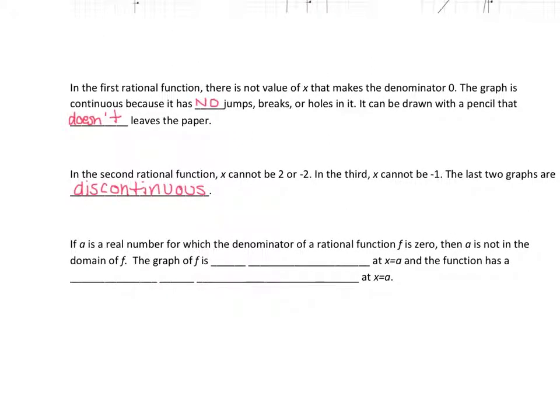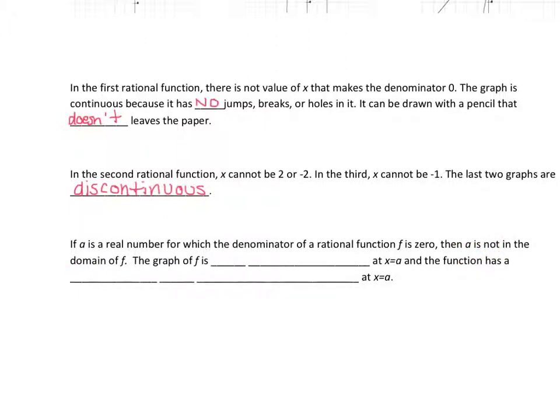Now, just talking in general, not about these specific graphs. If a is a real number for which the denominator of a rational function f is 0, so a is some number that makes the bottom of the fraction 0, then a is not in the domain of f.